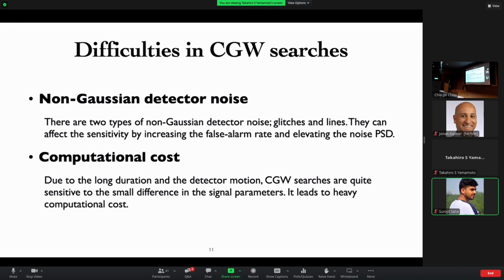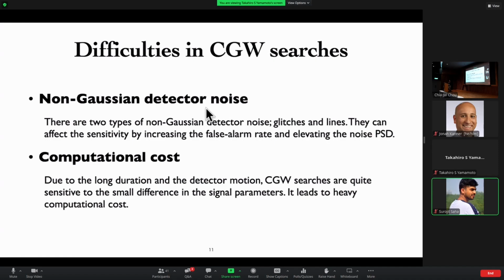Okay, so here are two main difficulties in continuous gravitational wave searches. The first one is non-Gaussian detector noise.